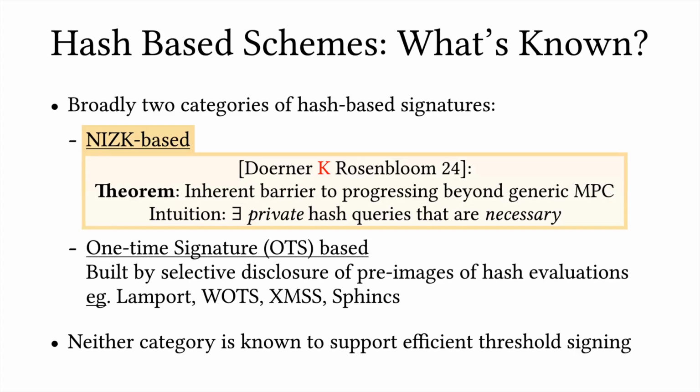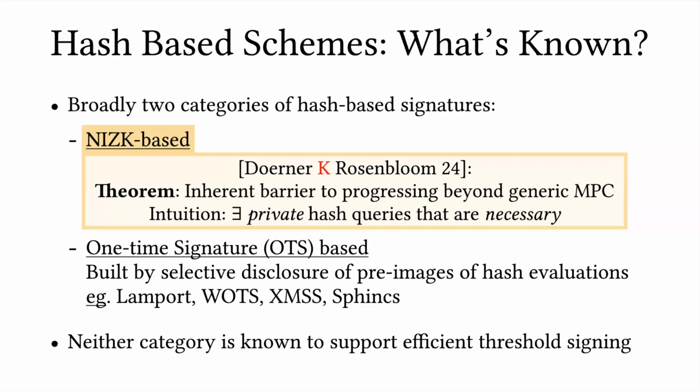And in this regard, we do have some idea as to why for the NIST-based schemes. That is, there's this result that my co-authors and I published a couple of years ago at Crypto, which showed that there is this inherent barrier to going beyond the generic MPC class of techniques for NIST-based signatures, right? Which is, at a very high level, the intuition is that there's always going to be some hash queries that need to be made in order to compute the signature correctly, but also the hash has to be computed on private inputs.